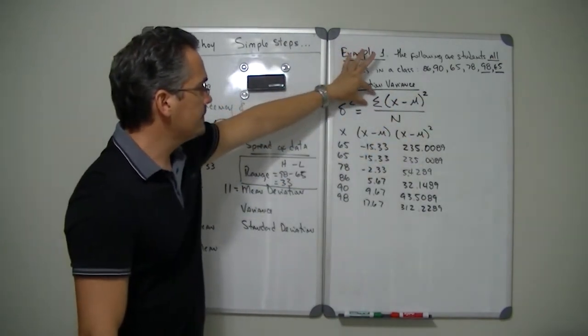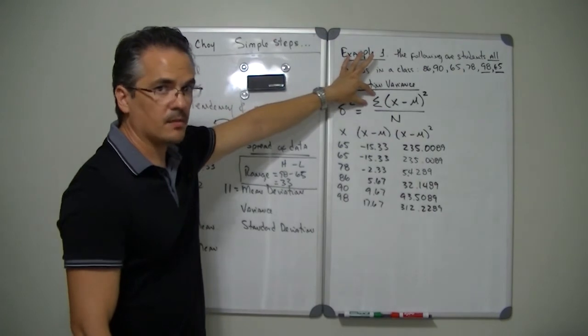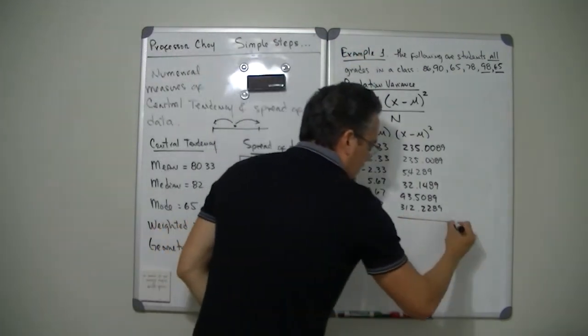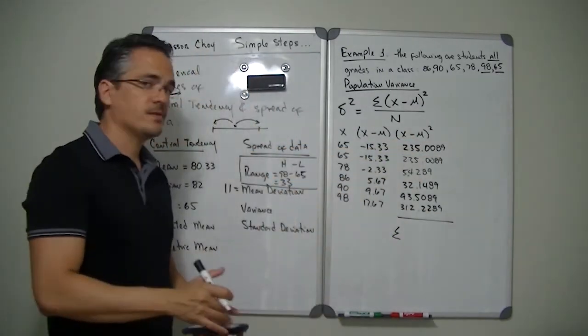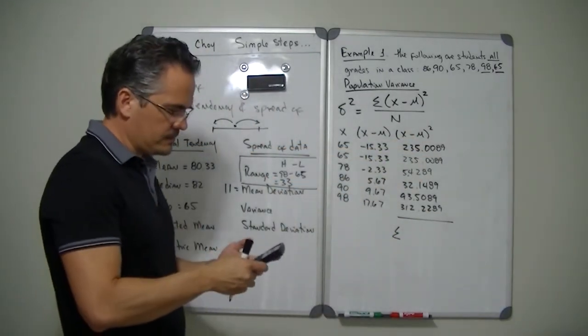Then we're going to add. That's the next step on the formula, it says summation. So I just put the summation down here, and now we've got to add all of those numbers. Bear with me on this one, because it could be a while.